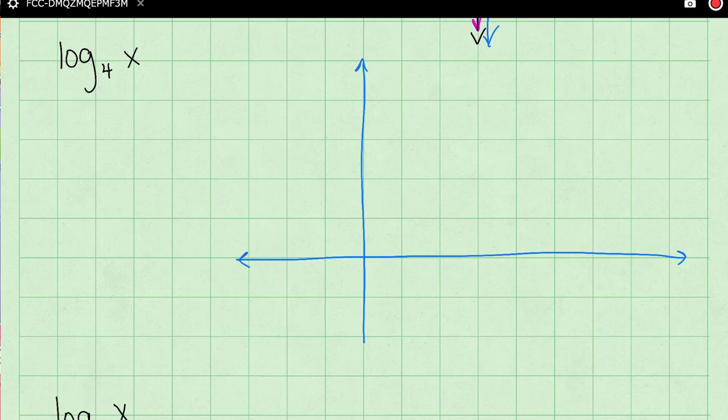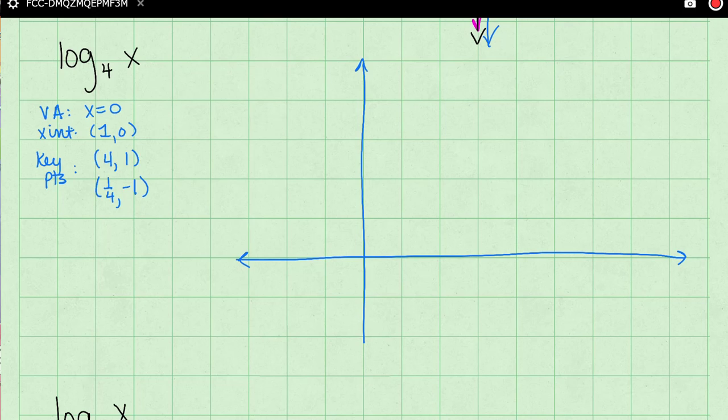Okay, so we have a vertical asymptote at x equals 0. We have an x-intercept at (1, 0). We have 2 key points. We have 1 key point at (b, 1), b is 4, and we have another key point at the reciprocal of b, (1/4, -1).